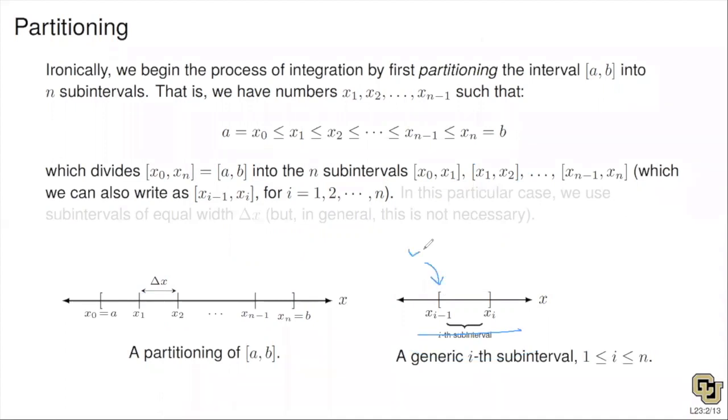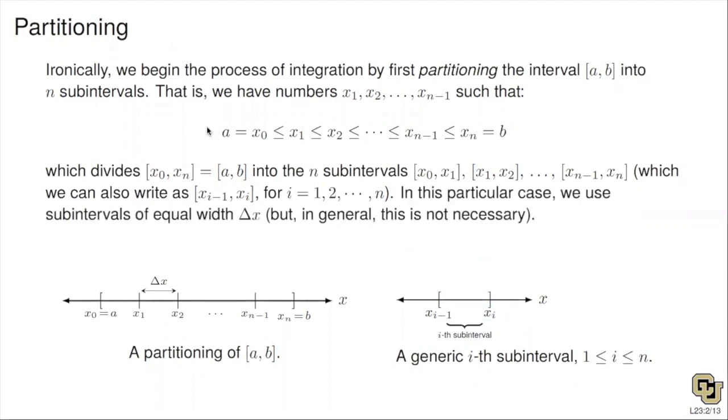So this I'm going to call the left endpoint. And here we have the right endpoint. In particular, the left endpoint we typically designate as x sub i minus 1, and the right endpoint we generically designate as x sub i. And having this generic diagram helps to see that this is the left side and this is the right side. I'll mention that again, it'll come up in a second.